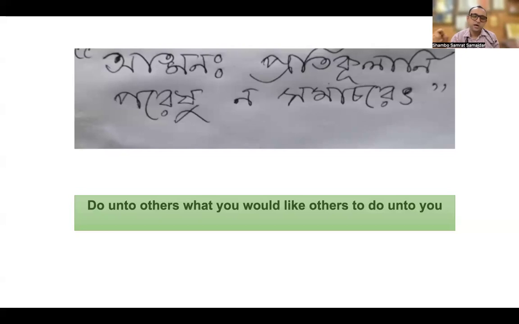That means do unto others what you would like others to do unto you. So being a researcher, just place yourself in the chair of the research participants and think about what you are doing, whether it is actually right or wrong. You will get the answer.